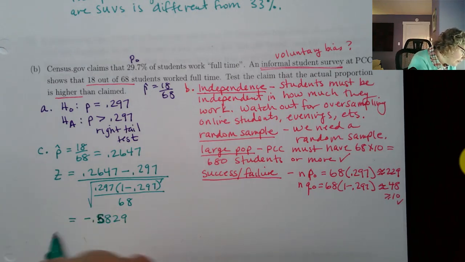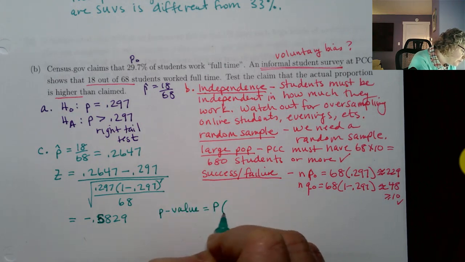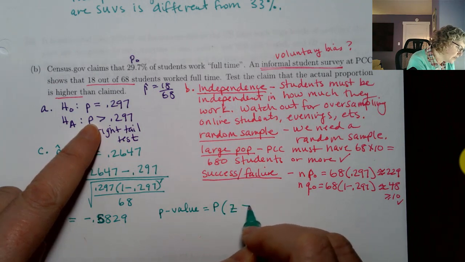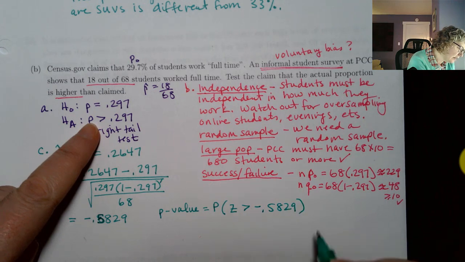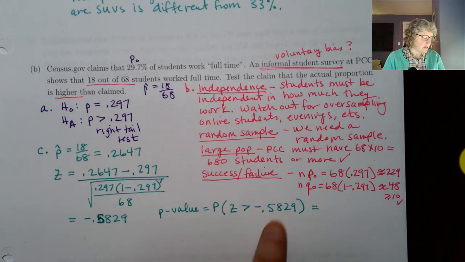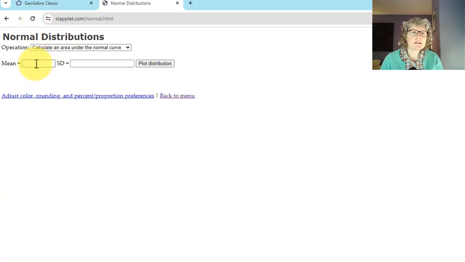So our p-value is the probability, and we're testing higher, so we're going to go z is greater than negative 0.5829. If our conditions are met, which is a little questionable, we're going to go to our normal distribution. I'm going to reset this.